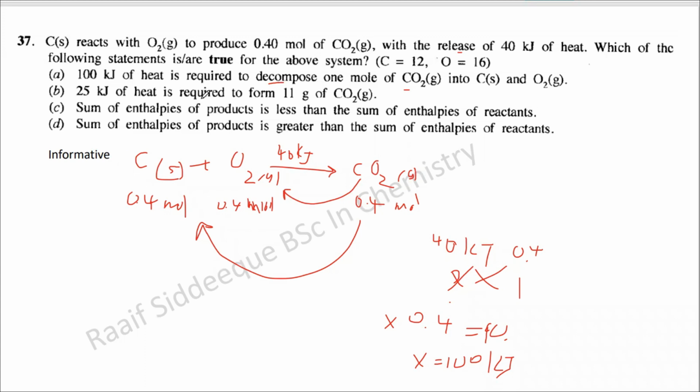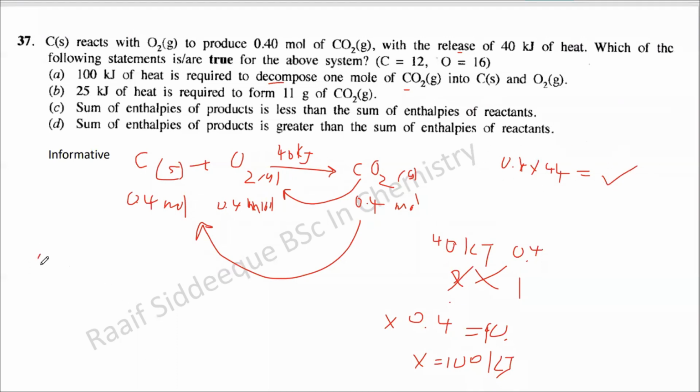25 kilojoule of heat is required to form 11 gram of CO2. Okay. So how many grams can you calculate? 0.4 mole is formed, and when you multiply this by the molecular weight 44, you will realize the grams that are formed.